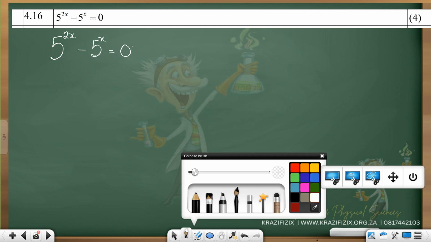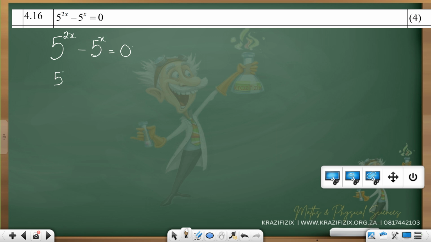Remember, this can be written as 5 to the power x multiplied by 2. So let 5 to the power x be equal to k. What do we have? K squared minus k. Factorize k minus 1.